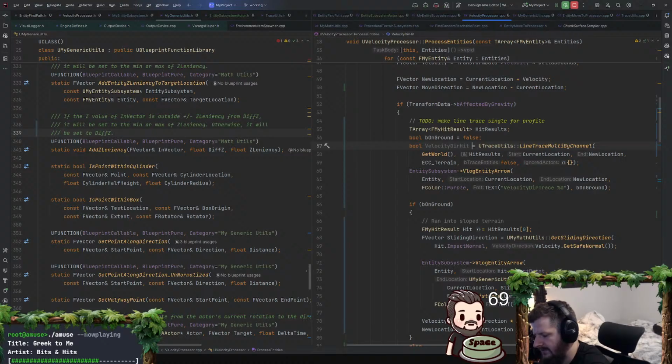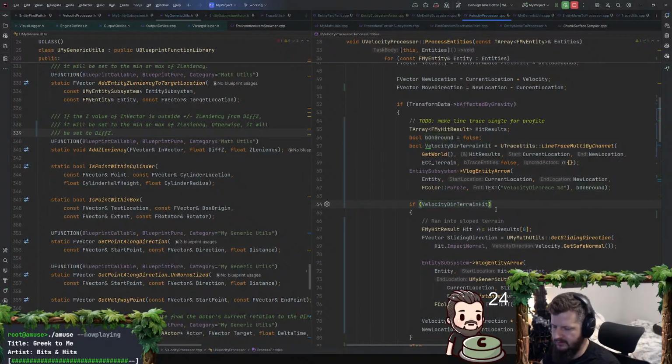But that doesn't work if I'm already on the terrain, right? So I just need to not set it on the impact point and instead set it to where the orange velocity takes me. Velocity, direction, terrain, hit.